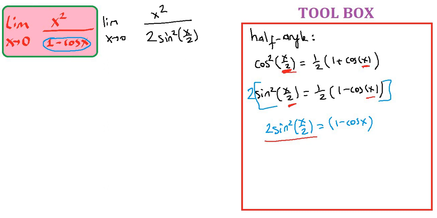And then we can multiply both numerator and denominator by x over 2 quantity squared. And we can separate into two limits, this one and that one.